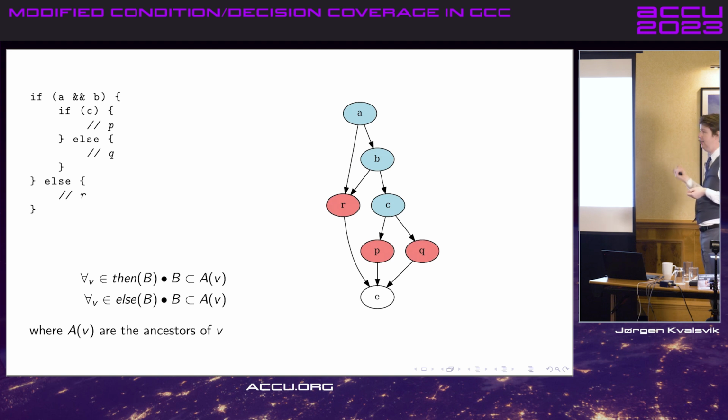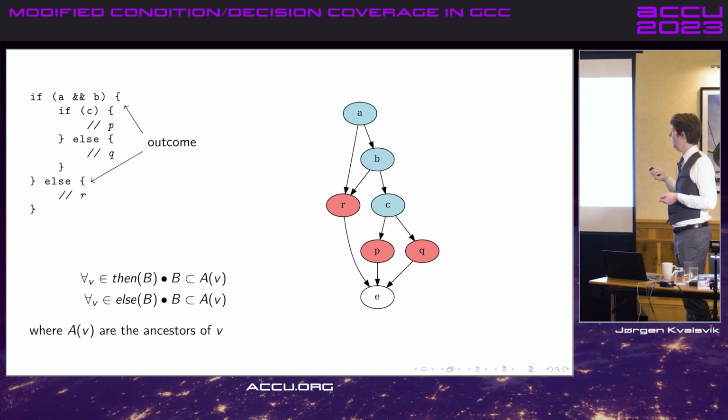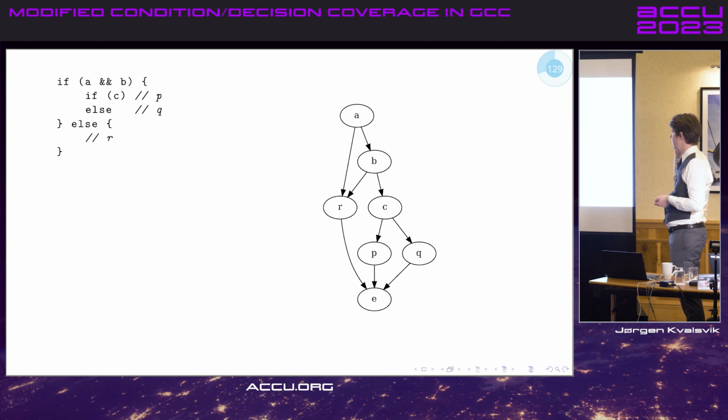They both have B and C in common. But if you look, there is no path from P that also includes R, for instance. And if you go R and up, there is no C in there, right? That's what we're seeing here. So for this expression A and B, the outcomes are either the then block or the else block, right? Okay, so let's use that.